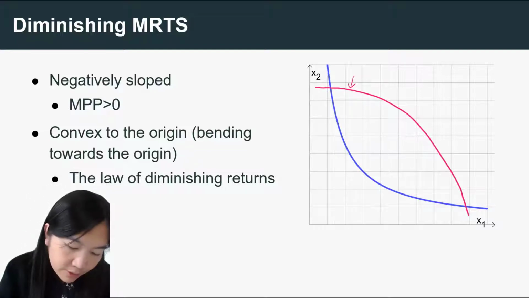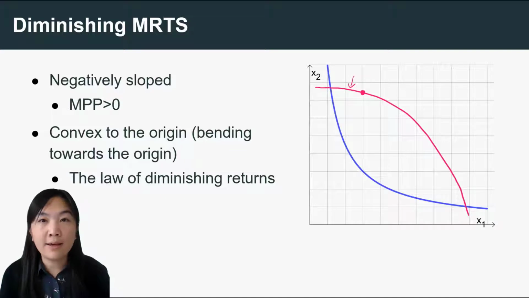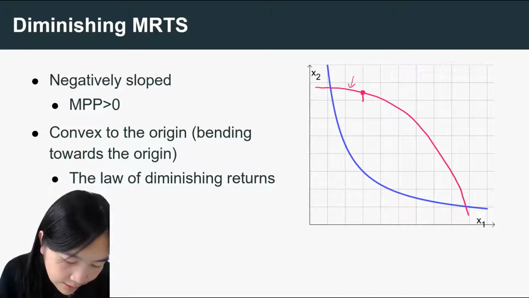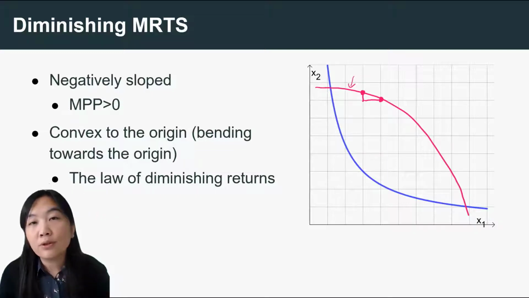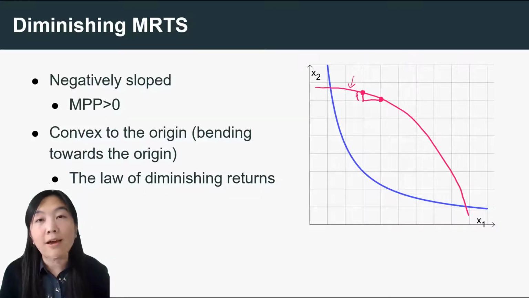So for example, suppose we're starting from here and we want to increase the use of X1. You can see from here to this point, X1 increases by 1, and this is a decrease in X2.